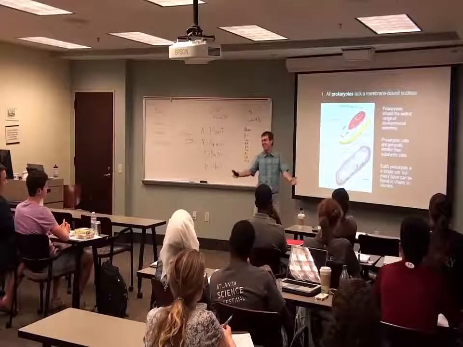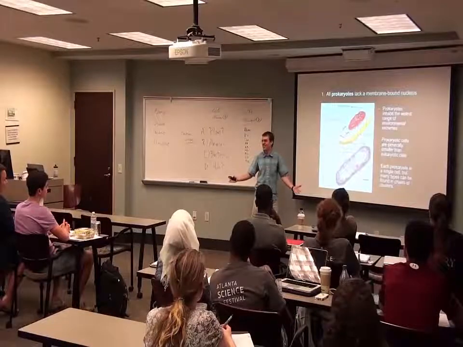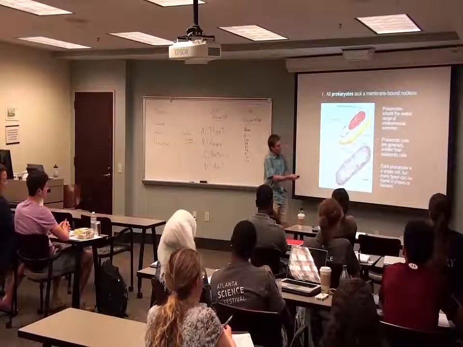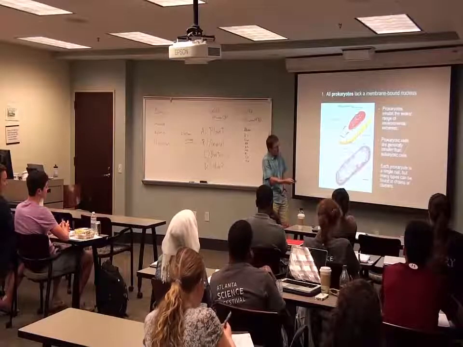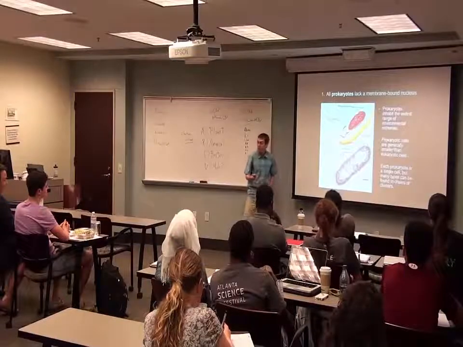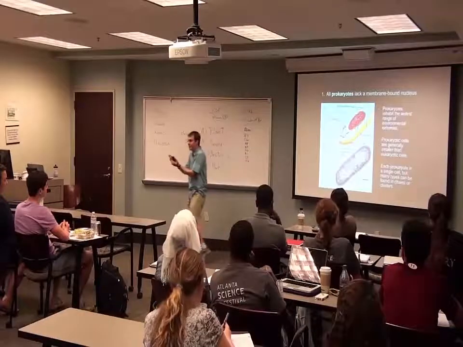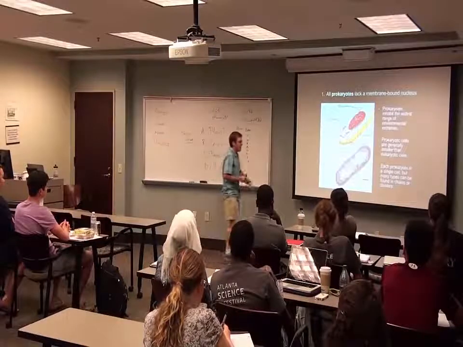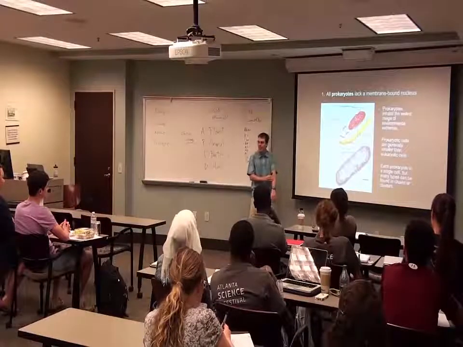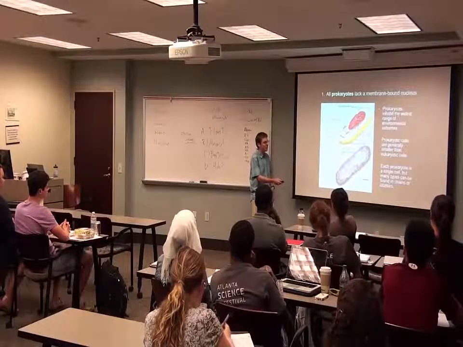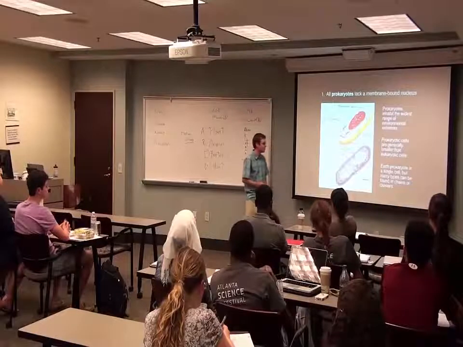But alas, you'll be on the beach somewhere. Too bad. Okay. Another aspect of prokaryotes is that they are single cell. Sometimes you might find these things growing together in clusters, but they're not multicellular like us. Each one of these cells can survive on its own. So prokaryotes are unicellular.